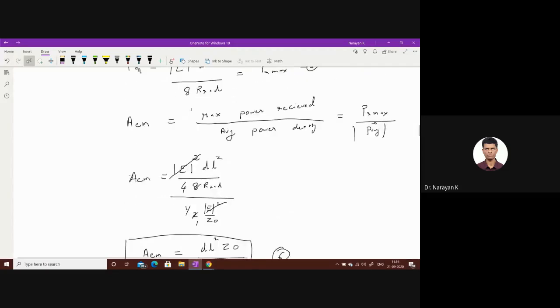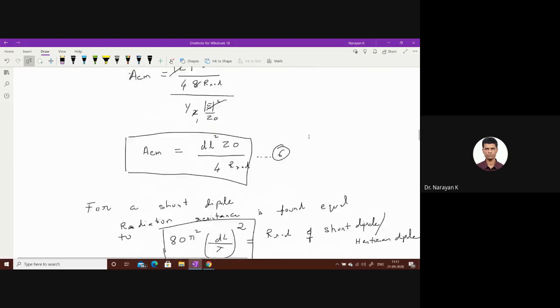With respect to the maximum effective aperture, from here the derivation procedure remains the same as in the previous case. Your maximum effective aperture is the maximum power received divided by the average power density.